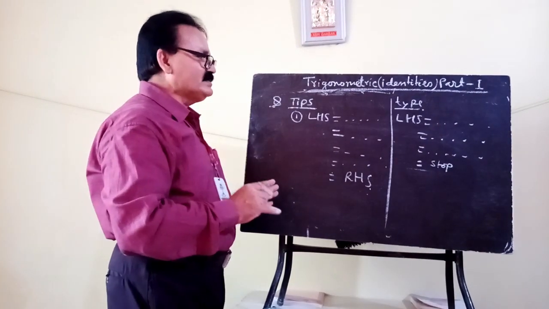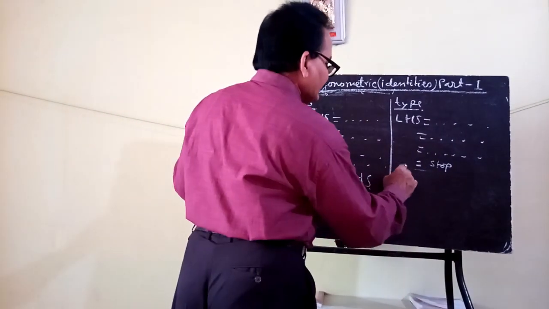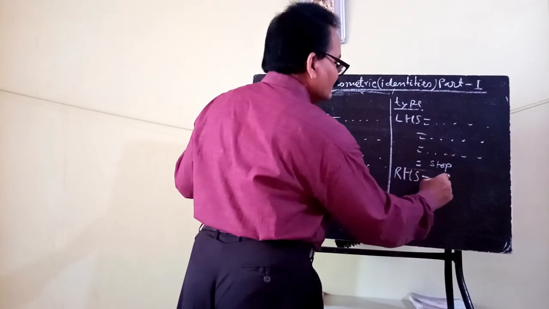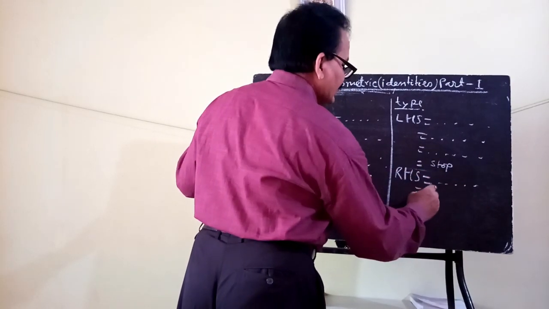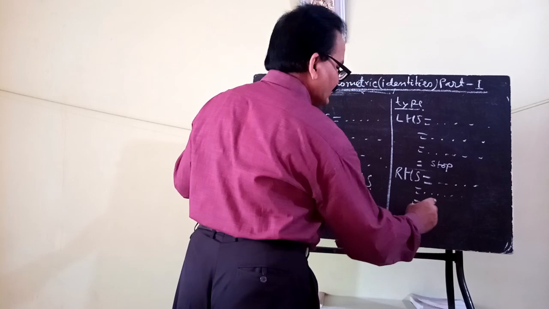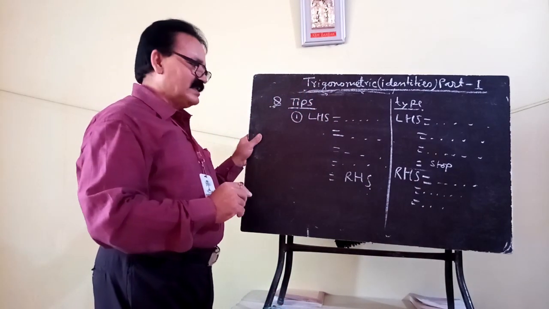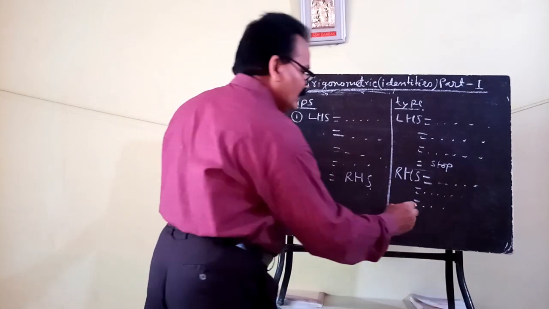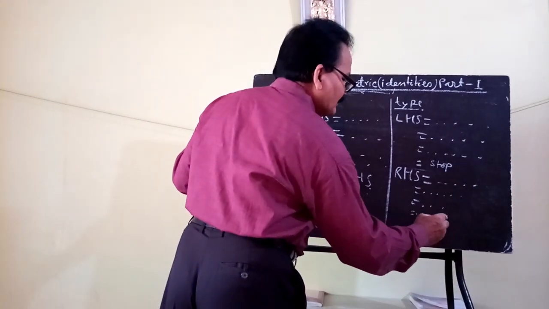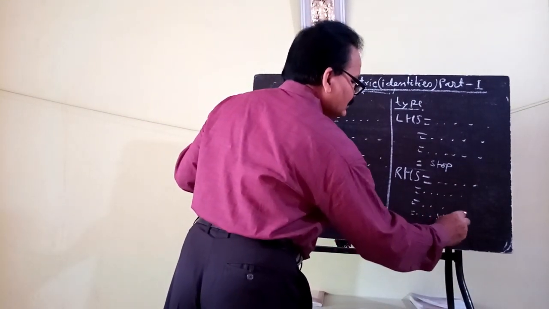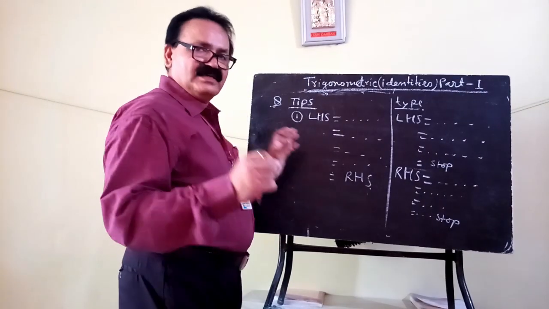Then you start again, write your RHS, and try to solve it using standard identities and relations. After a few steps it will stop again.